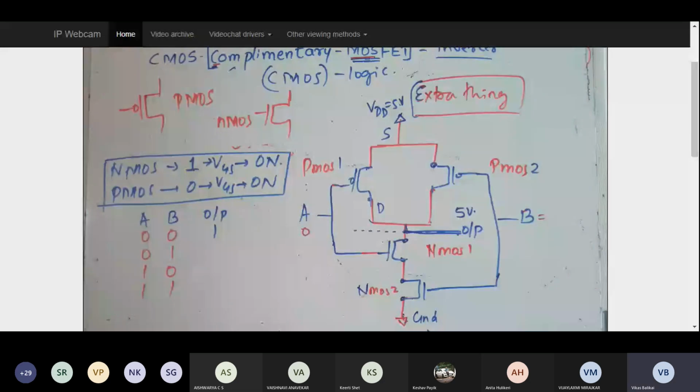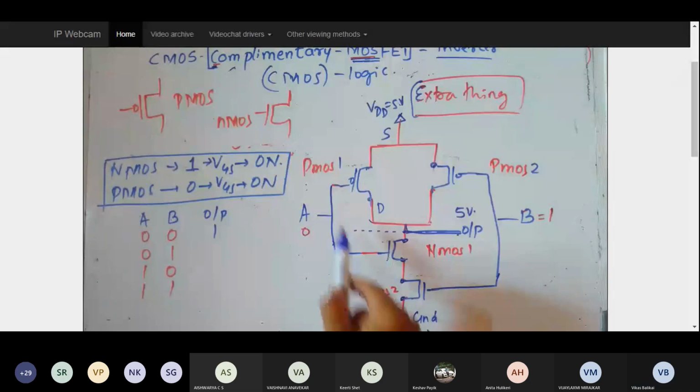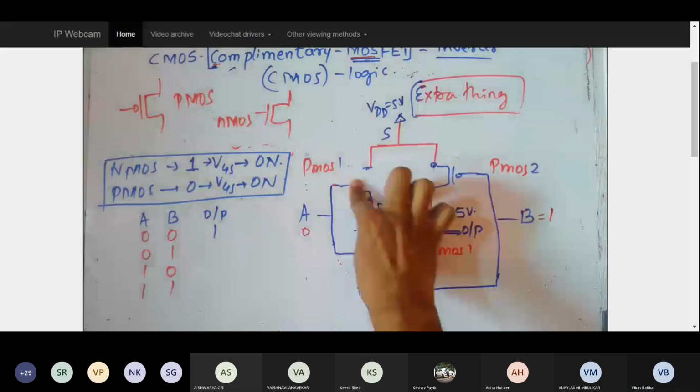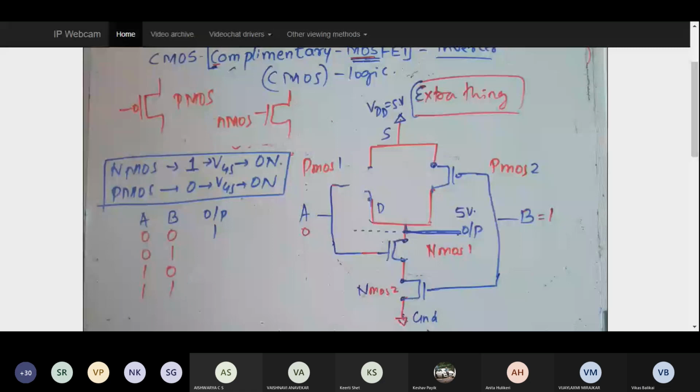Now tell me which all MOSFETs are on. PMOS 1 and NMOS 1. Exactly. NMOS 1 ಅಂತೂ ಆನ್ ಆಗಿಲ್ಲ. NMOS 1 ಗೂ 0 ಸಪ್ಲೈ ಆಗೈತಿ. NMOS 1 ಆನ್ ಆಗಿಲ್ಲ. PMOS 1 ಆನ್ ಆಗುತ್ತೆ. PMOS 1 is on.